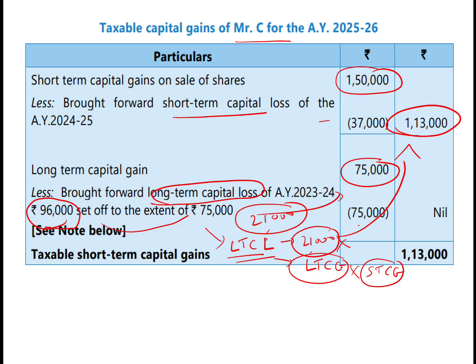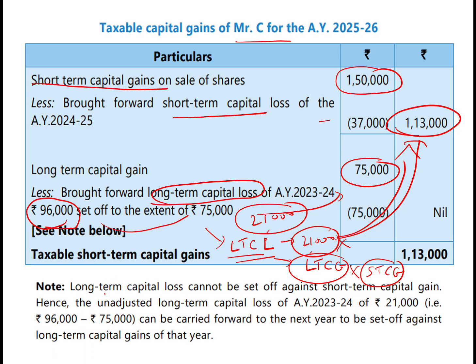That is the reason this 21,000 has not been set off with short term capital gain. This is the note which is provided here, that long-term capital loss cannot be set off against short-term capital gain. Hence, the unadjusted long-term capital loss, that is 21,000, can be carried forward to next year to be set off against long-term capital gain of that year.